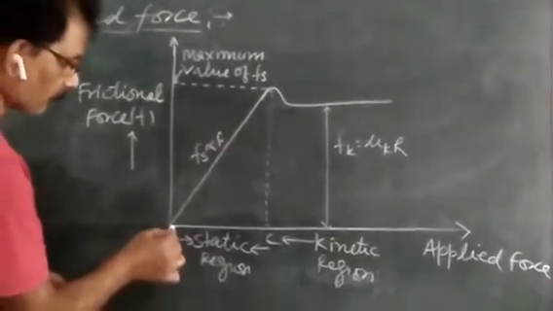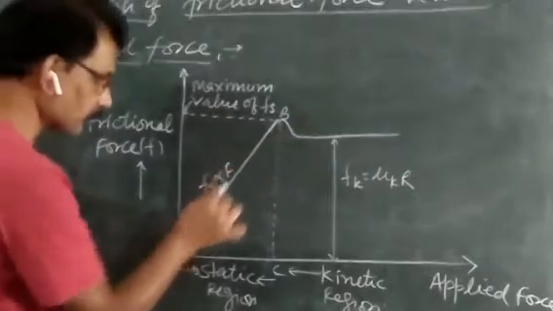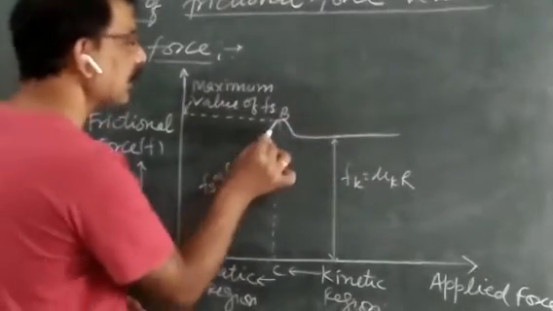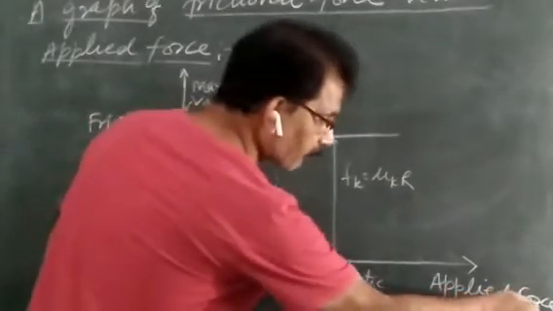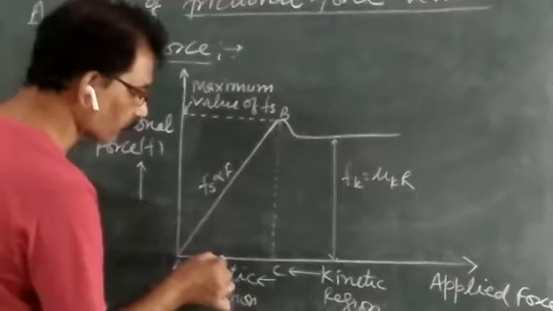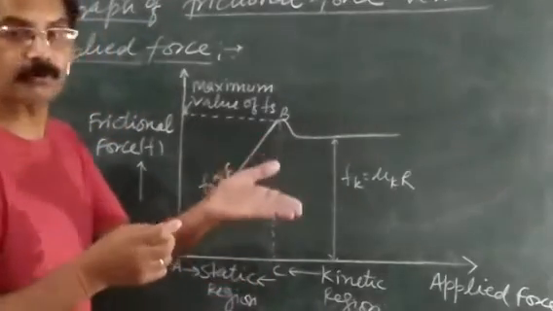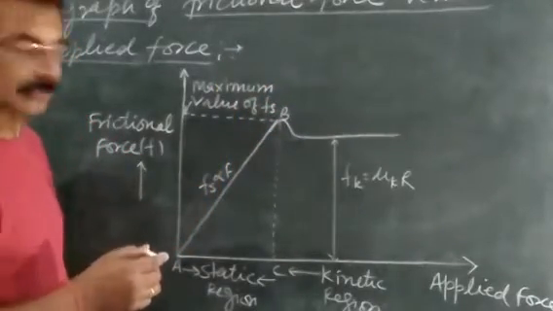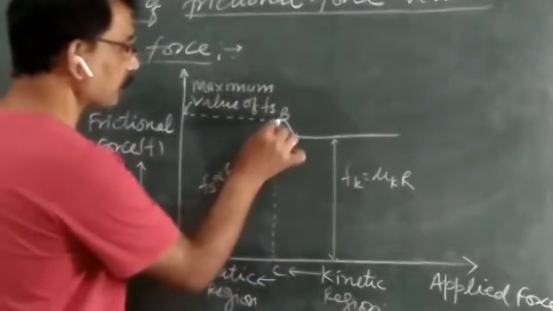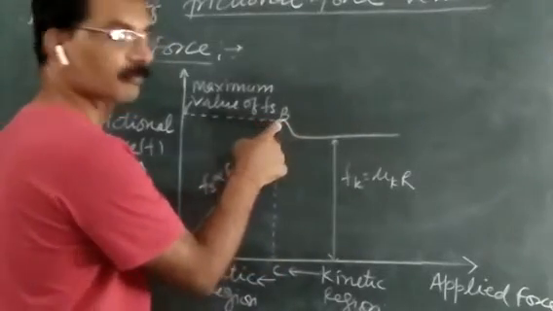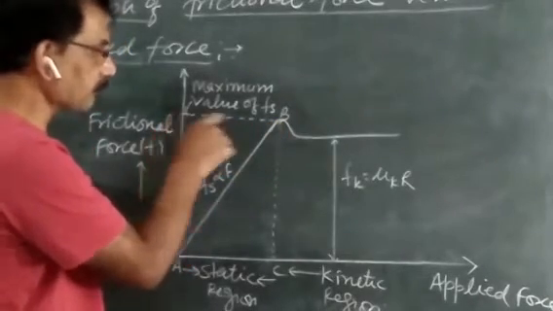In this graph, suppose this is A to B. This is a straight line, and it represents that as we increase the applied force, in the same proportion the static frictional force also increases. For a certain value of the applied force, the static frictional force reaches its maximum value.